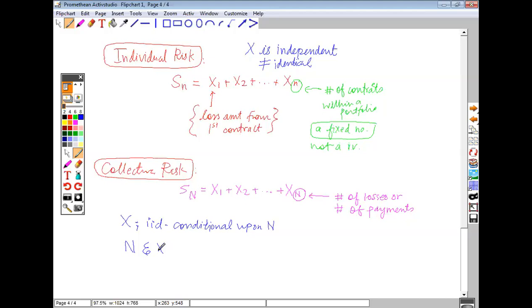In the reinsurance chapter, we had a look at inflation, which might increase the claim amount that an insurance company might have to incur, right? So will that increase the number of claims? Not necessarily, right? This is just one example, but you can have other examples wherein N and X may be dependent or correlated or associated with each other. But what we are looking at are the cases where N and X are independent of each other.